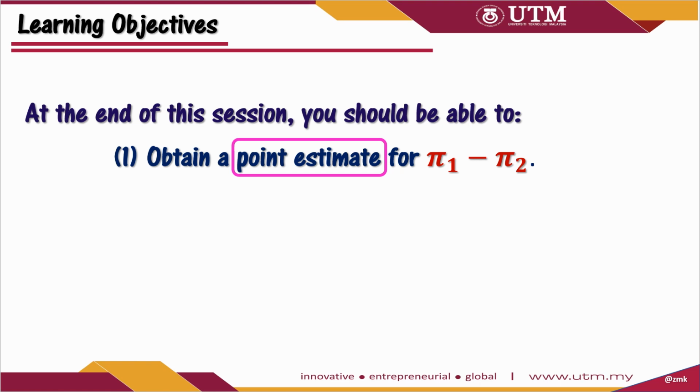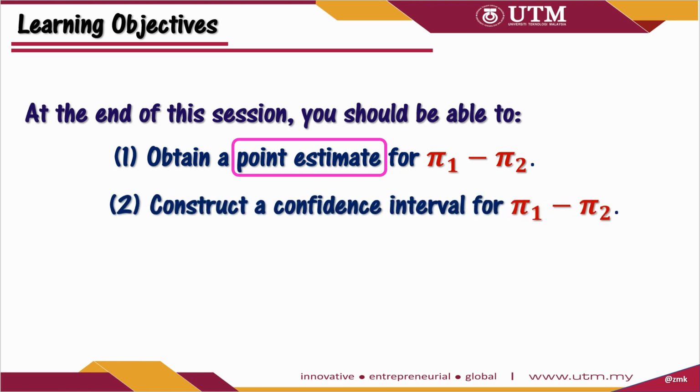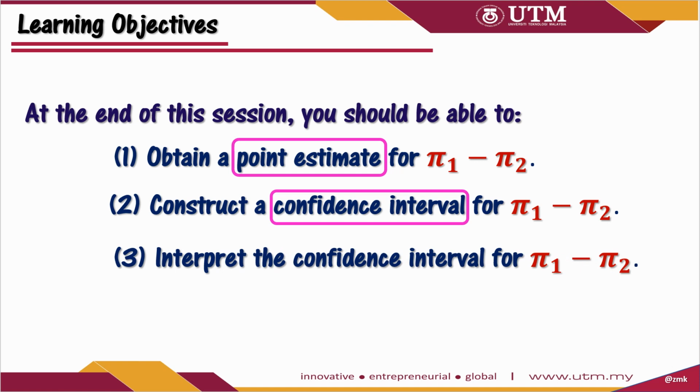You should also be able to construct a confidence interval for pi1 minus pi2. And finally, you should be able to interpret the constructed confidence interval for pi1 minus pi2. Let's see how we are going to achieve the first objective in the next slide.